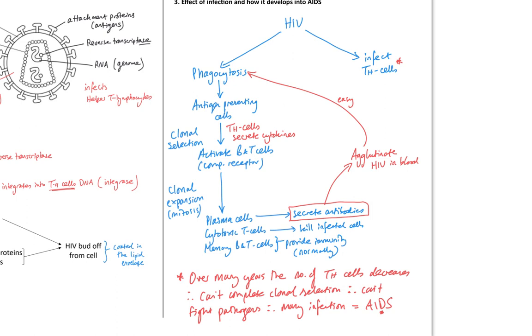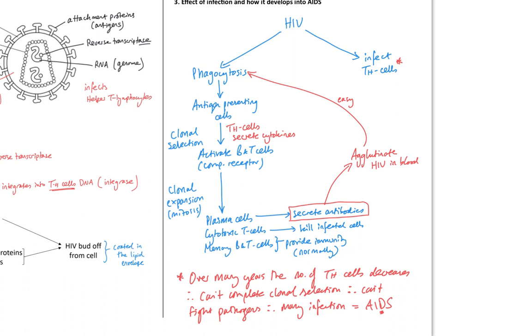I think a lot of the misconceptions come from the idea that people think one HIV comes in. It doesn't. There's going to be many. Some are going to get into T helper cells. Some undergo phagocytosis. You do the immune response, make antibodies, agglutinate HIV, stick them together, and then stimulate phagocytosis. So we're really effective at removing them from the blood.